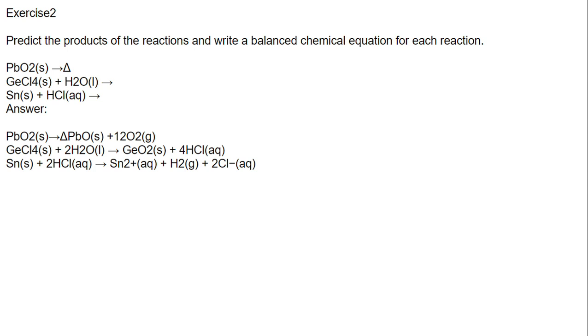PbO2 will give PbO, lead monoxide, and liberate oxygen. Then germanium chloride with water forms germanium dioxide. Tin with HCl gives Sn2+ ion and hydrogen. So we have to give a balanced equation likewise given here in this exercise.